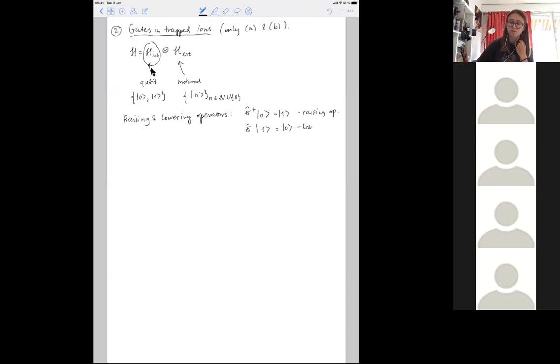So this is a lowering operator. You will see these operators throughout the course. Also, if you do things like the harmonic oscillator, or take courses such as statistical physics or quantum field theory, you will see these operators a lot.